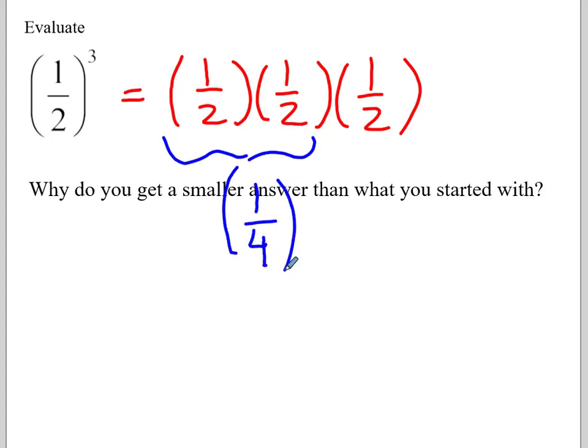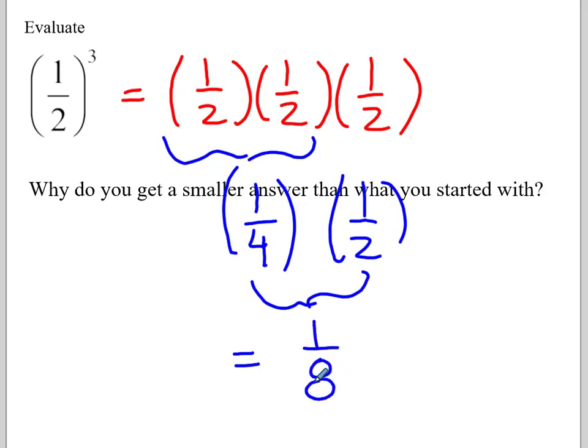So you've already made the number smaller. If you multiply by another half, that result gets even smaller because you keep taking successive halves of whatever number you generated with the previous terms. So this turns into 1/8. So if you are multiplying by a number that's less than 1, you will progressively make smaller and smaller numbers.